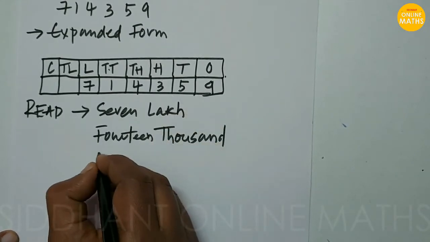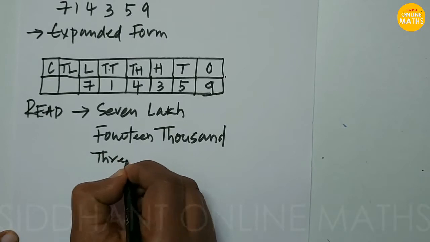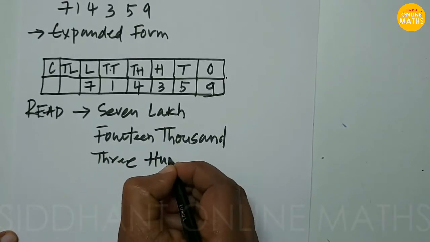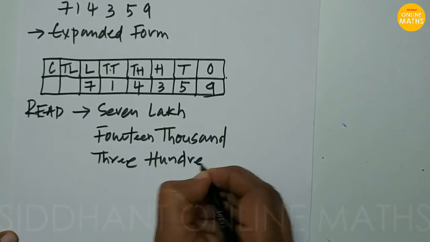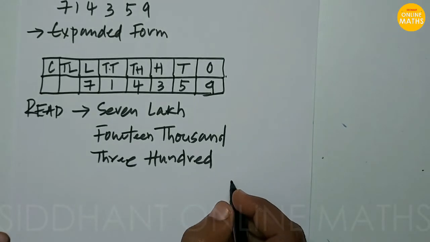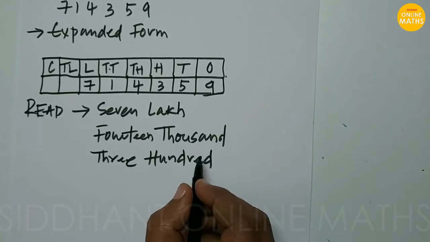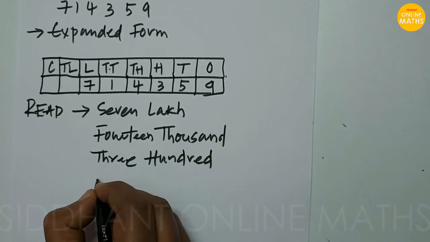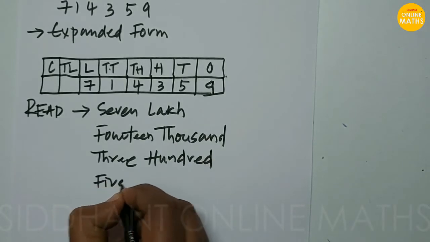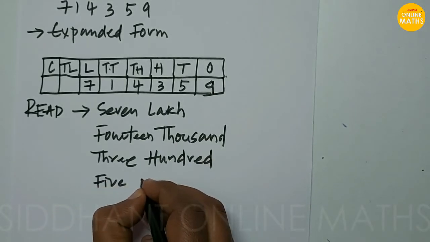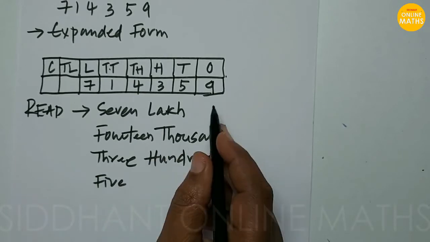After that we read 3 in the hundred place, so we read it as 300. Followed by the tens place 5 and 9 in the ones place.